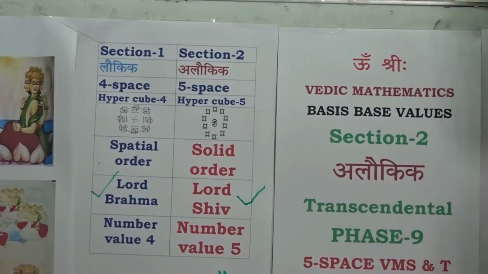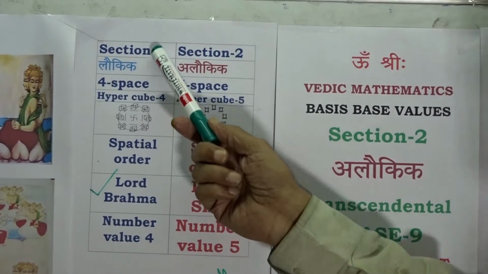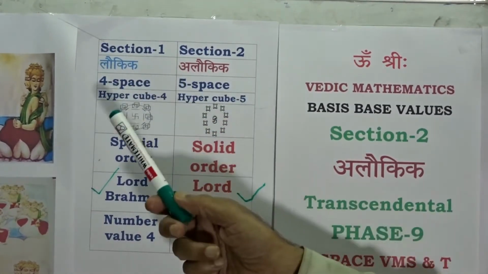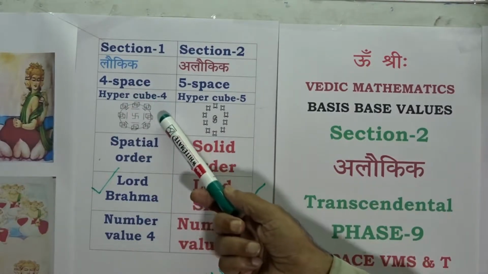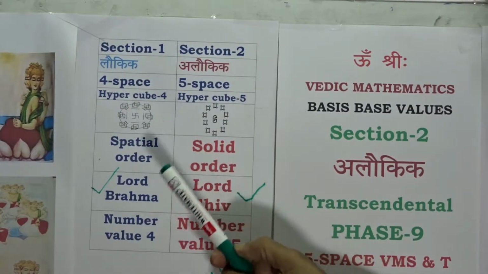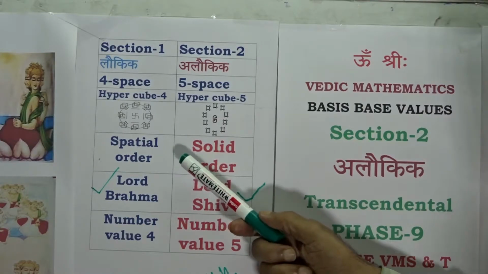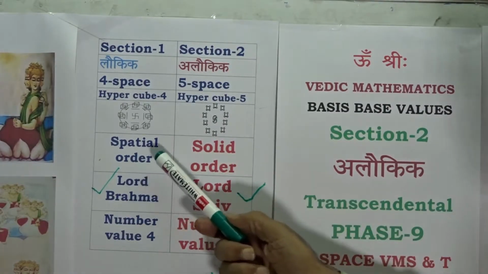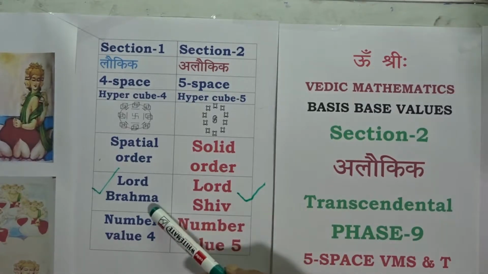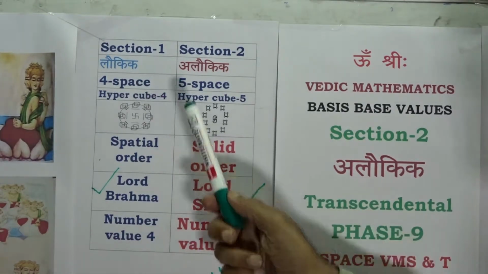We have also noticed that the 4 space VMST format is of hypercube-4 format, the representative regular body of a 4 space, and we have also been exposed that hypercube-4 is of a spatial order and Lord Brahma presides over the real 4 space.